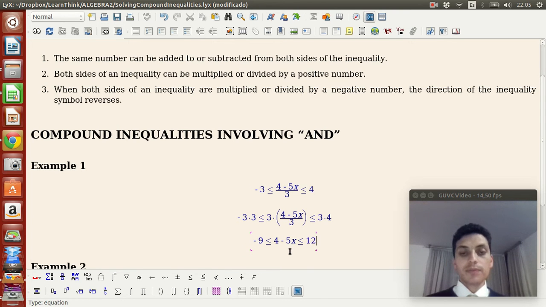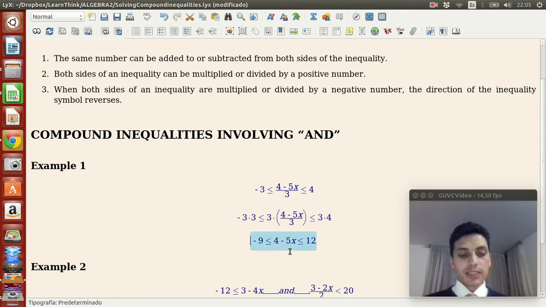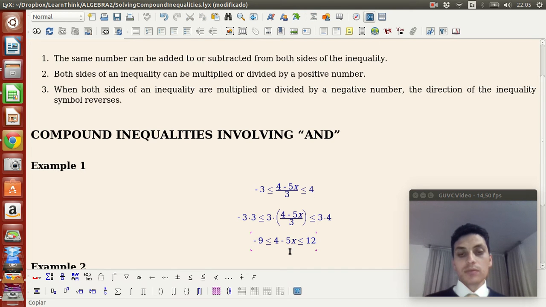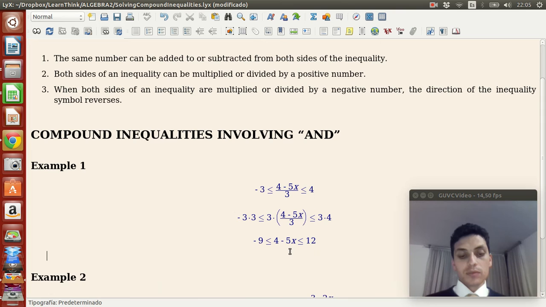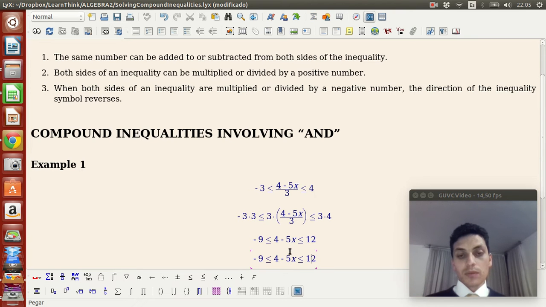Now, what is the next step? We can subtract 4 from each side of the inequality.